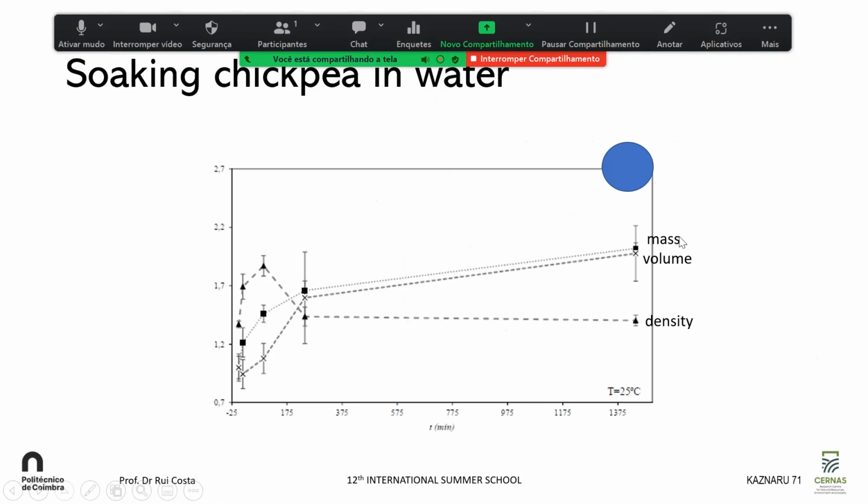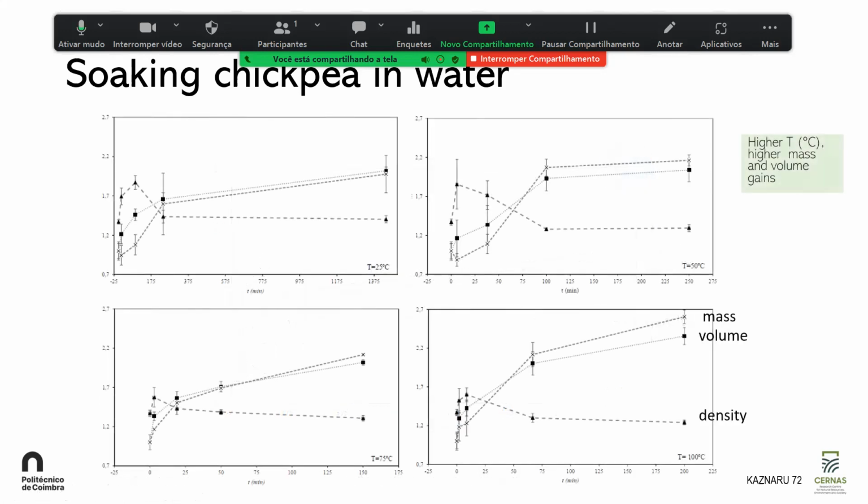And of course, the density, that is the mass divided by the volume, will increase first and then decrease. We can do this at several temperatures. This is a plot at 25 degrees Celsius, but we can study this at 50, 75, and 100 degrees, and we can always see the same behavior, a decrease of volume and then an increase.